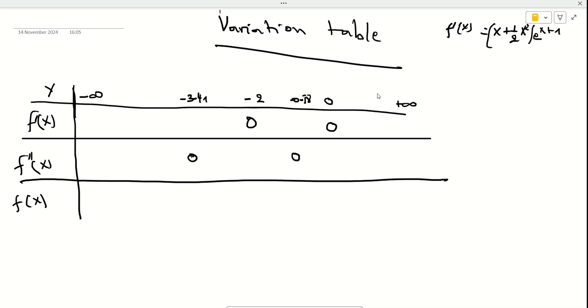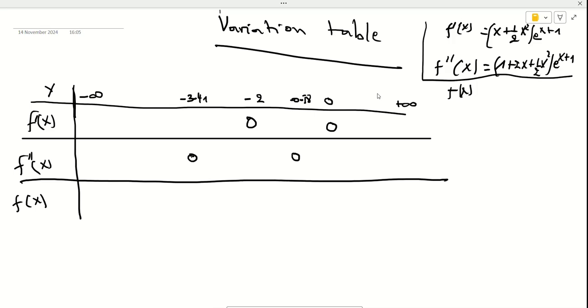This was the first derivative, and the second derivative was, do I remember it correctly? Yes, it was 1 plus 2x plus 1 over 2 x squared times e power x plus 1. So these were our derivatives, and of course f of x was 1 over 2 x squared times e power x plus 1. These are the functions that we need.